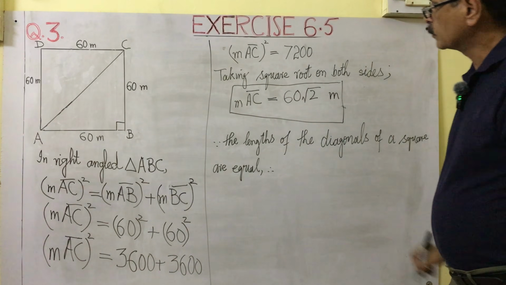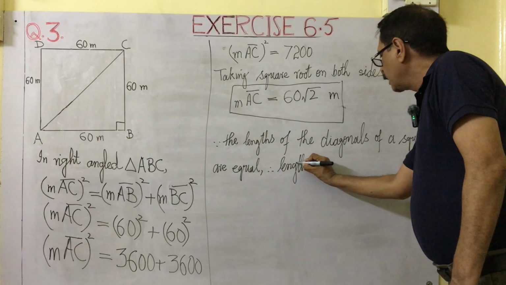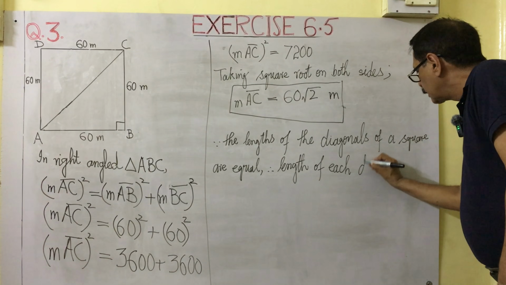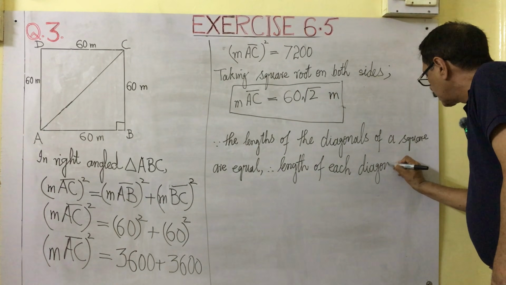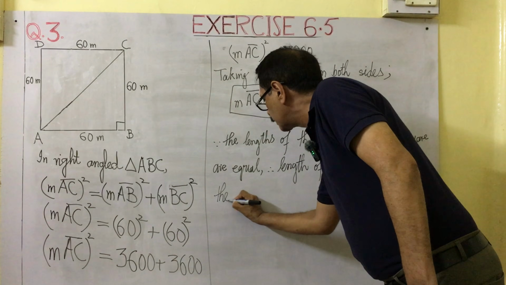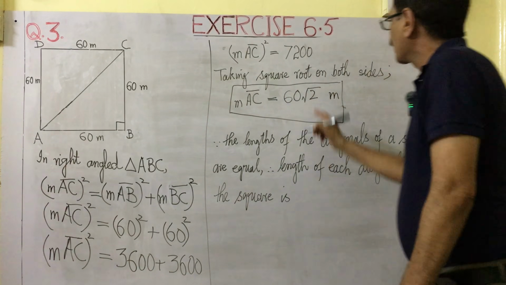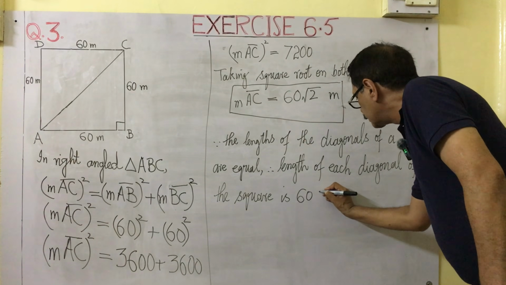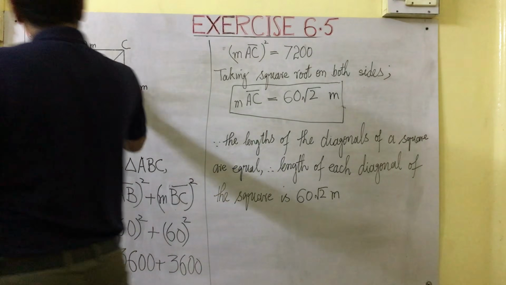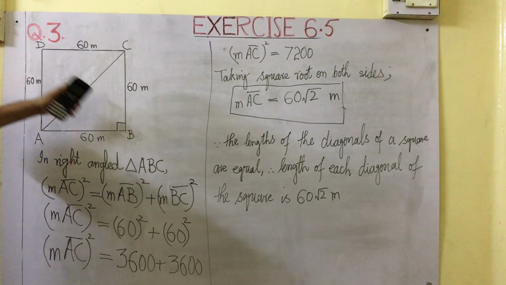Therefore, the length of each diagonal of the given square is 60 into square root of 2 meters. Length of AC is 60 into square root of 2 meters and also of diagonal BD.